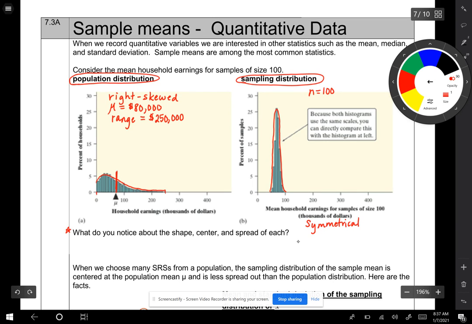The mean of this sampling distribution, so let's use the correct notation, the mean of the sample means is the same, so it's 80,000. And the range is, I'm going to say 50 to 100,000, so 50,000. That is our spread.